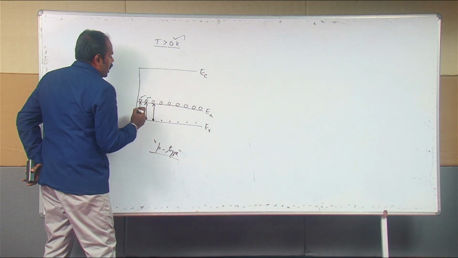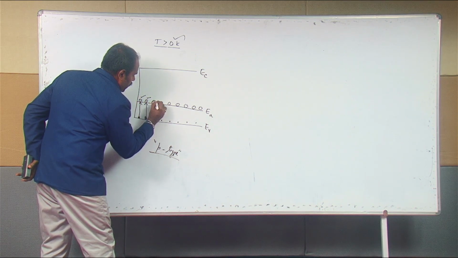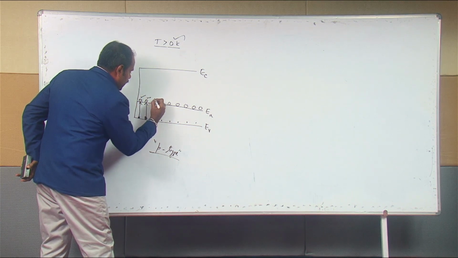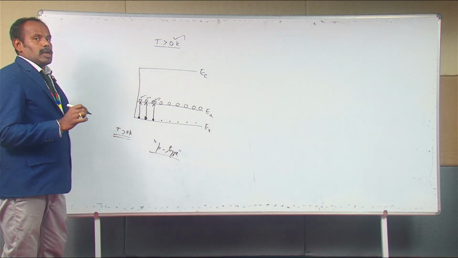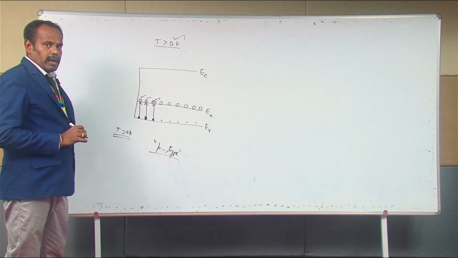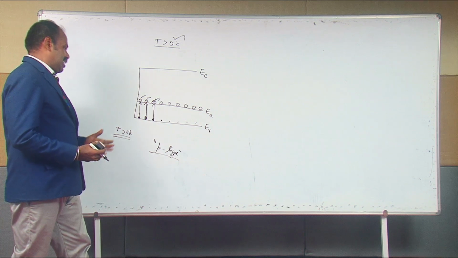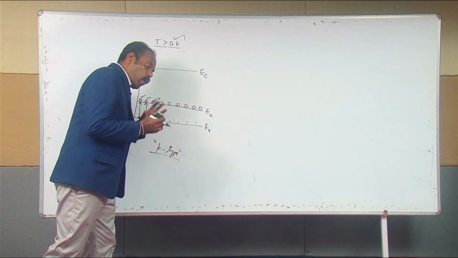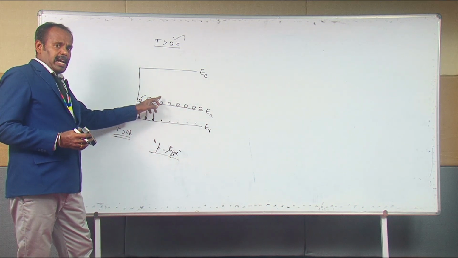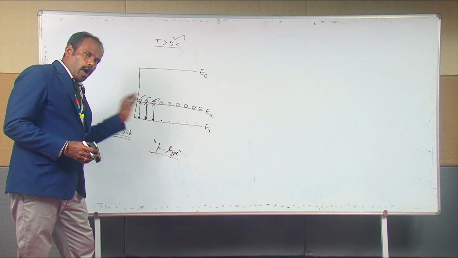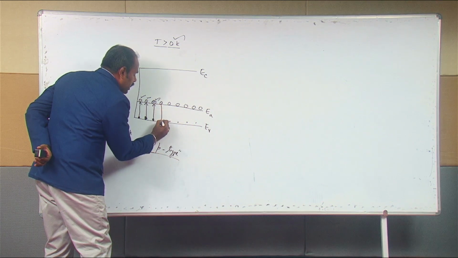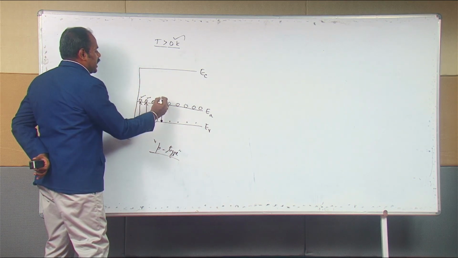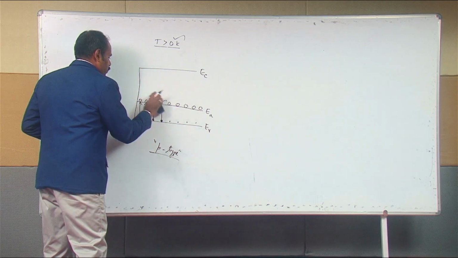So at the lower temperature, the electrons from the valence band will only be able to move to the acceptor sites, and when they occupy the acceptor sites, correspondingly negatively ionized acceptor atoms are created in the acceptor energy level.